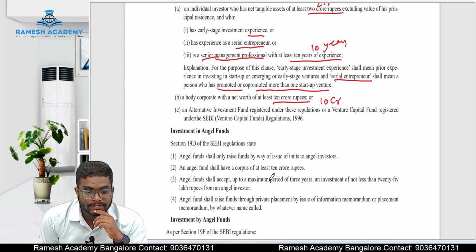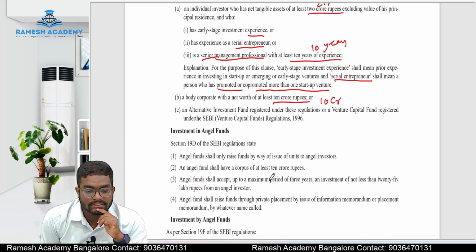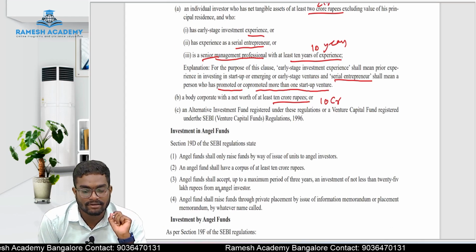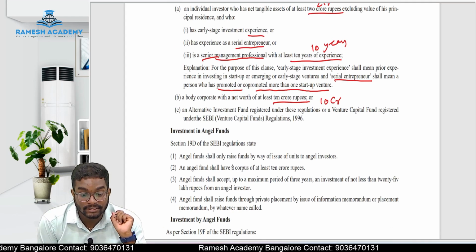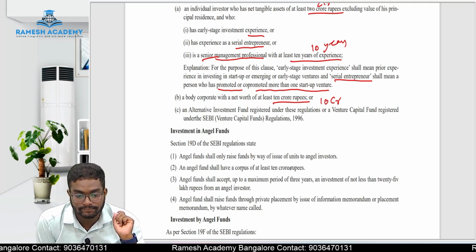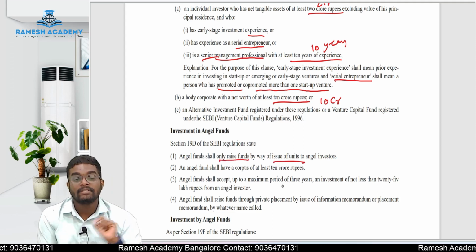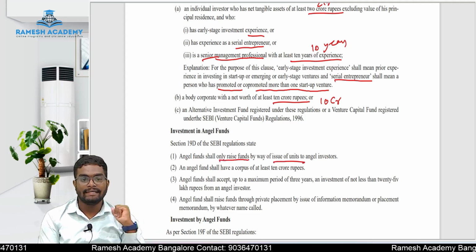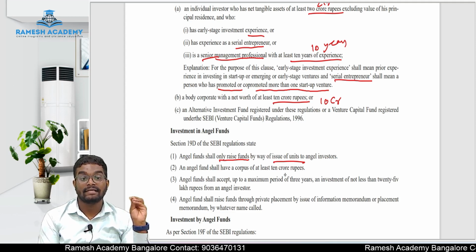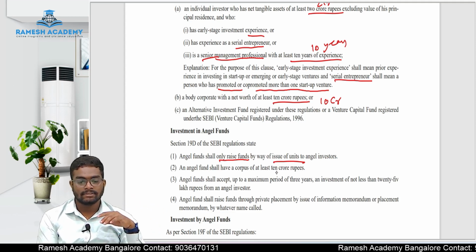Next, investment in angel funds. Regulation 19D of the SEBI regulations states that an angel fund shall only raise funds by issue of units. So it can give units and take the money. No other way can it accept the money.